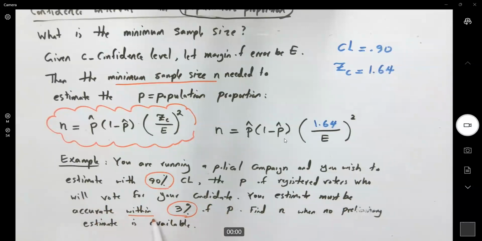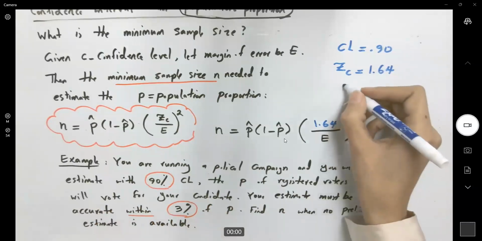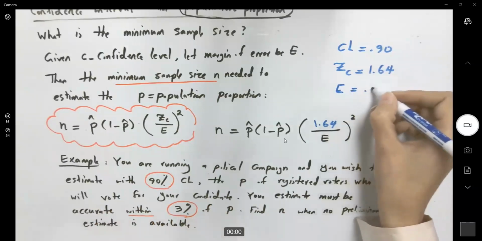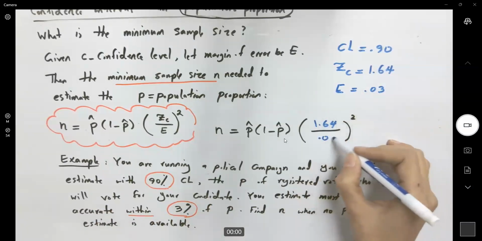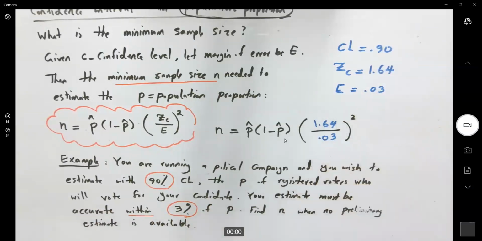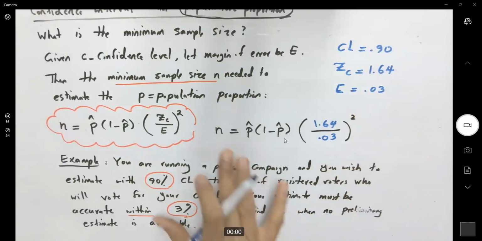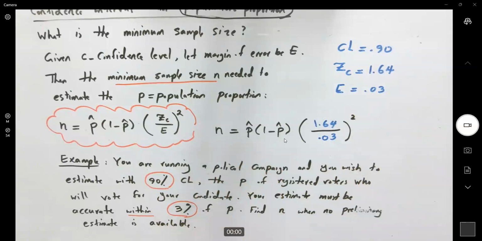It means that my error is 3%, 0.03. So this goes in the denominator. One by one, we try to find all of this missing information and calculate the minimum sample size. Okay.